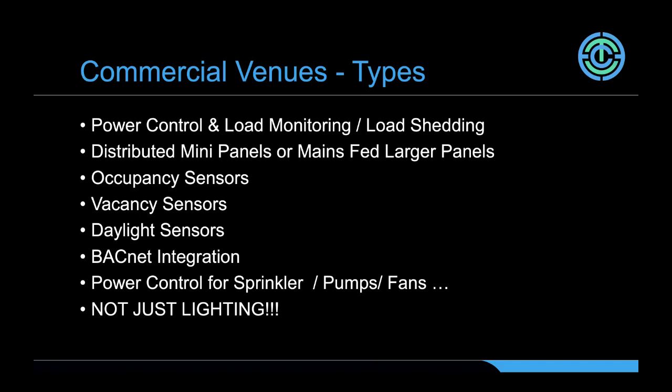In our commercial venues, we have the ability to do mini panels or mains fed larger panels. So again, in that realm of small 4-circuit or 8-circuit mini panels that are distributed throughout a building, or the dedicated mains fed relay panels in the 24, 48, 72, and 96 sizes.